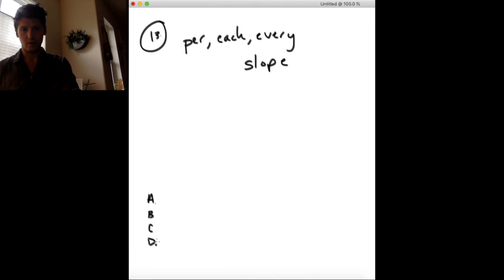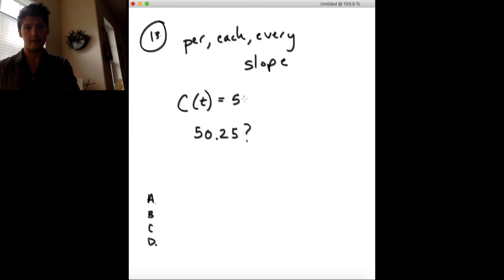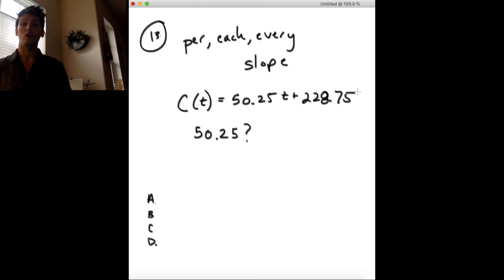Okay, so the way I start questions like this is they say, what does 50.25 represent? And I go up to the original, C of t equals 50.25t plus 228.75. And I just say, it's the slope. But then every answer uses words like per and each. So then I say, what's the slope? It's the change in y divided by the change in x. What is y?